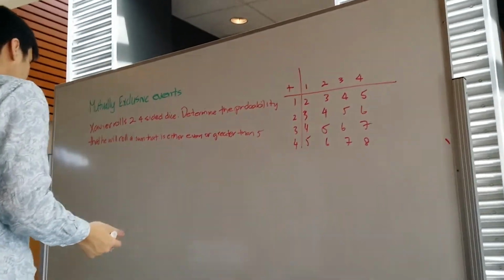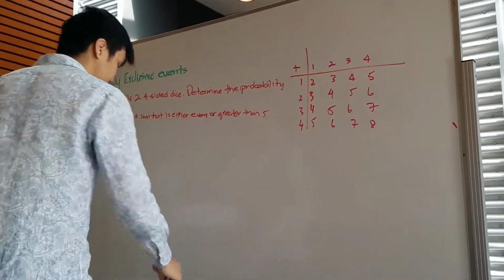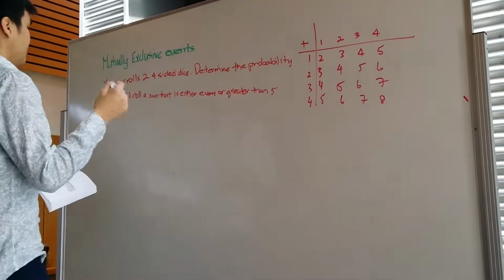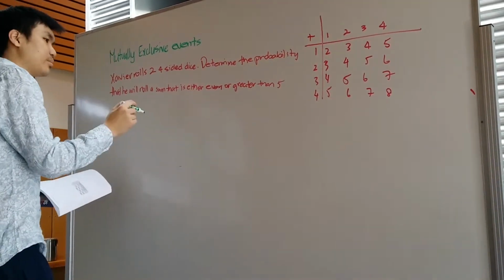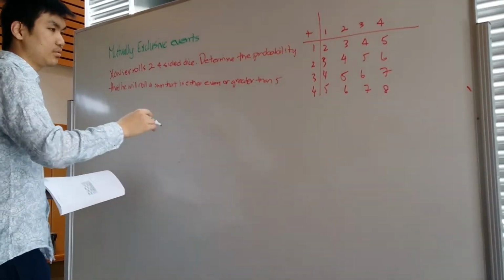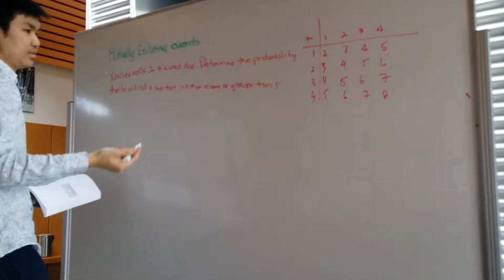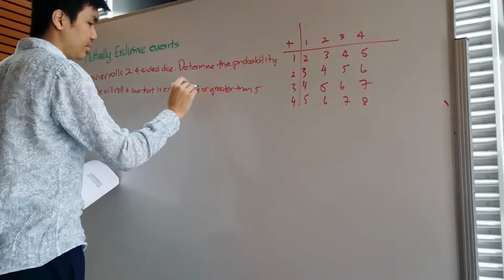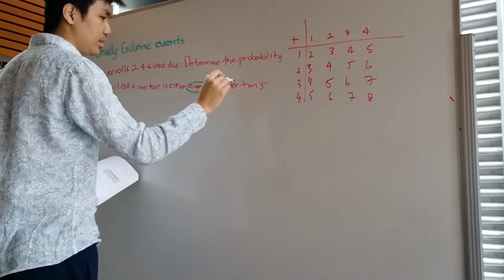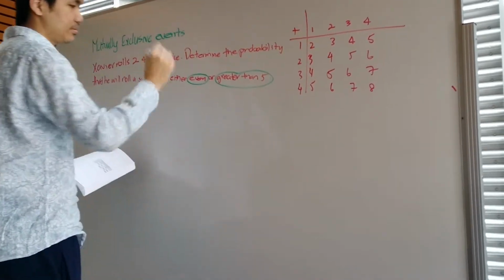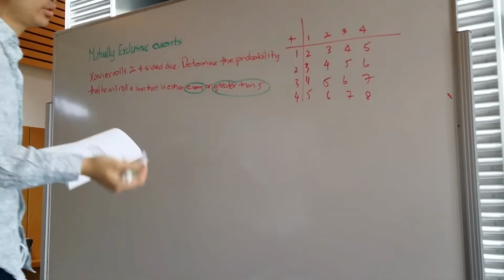So, if the question asks you, what's the probability he will roll a sum that is either even or greater than 5? The key words here are even and greater than 5. You find even numbers first.